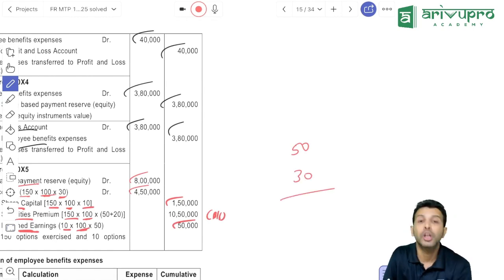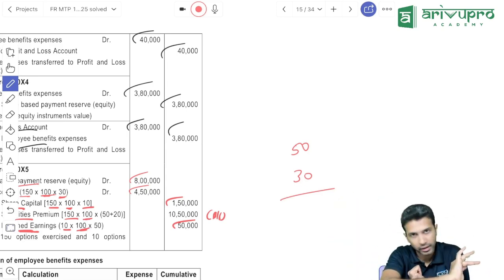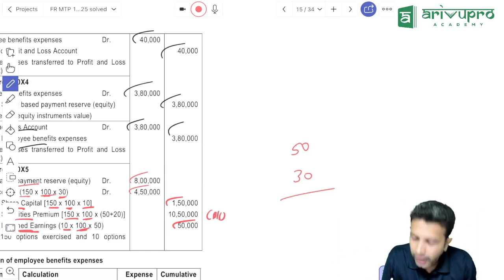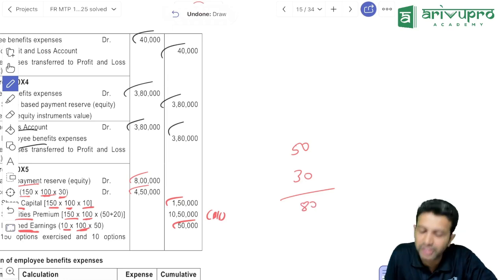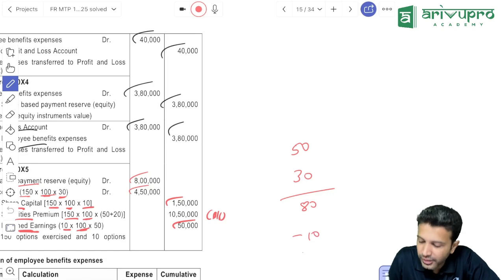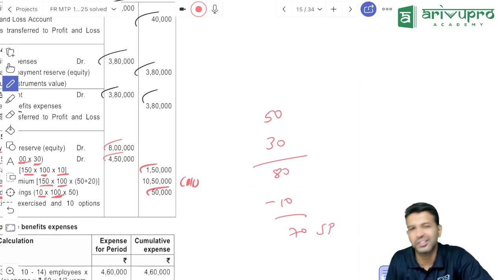The loss the company is suffering on one share is 50 rupees, for which we have done the employee benefit expense accounting over the vesting period. And the money employees are paying to the company is 30. That means the value of one share is 80 rupees. The face value of the share is 10, so the premium element is 70 rupees per share. That's what you need to book.